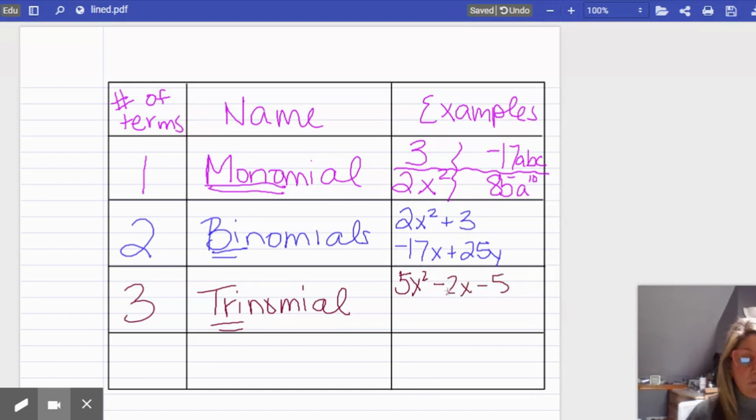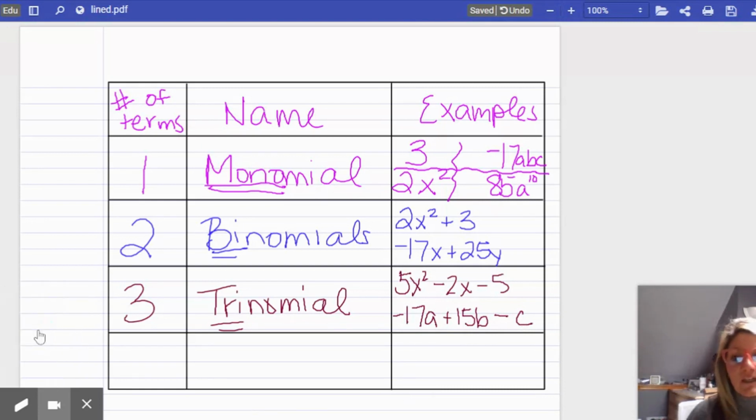Here's one term, a plus or minus sign, another term, a plus or minus sign, and another term. You could also have negative 17a plus 15b minus c. So 1, 2, 3 terms.